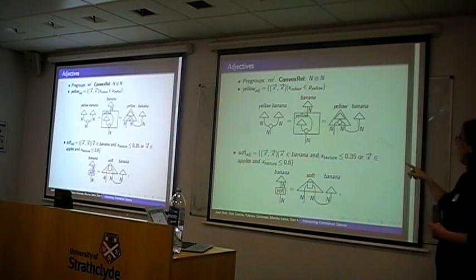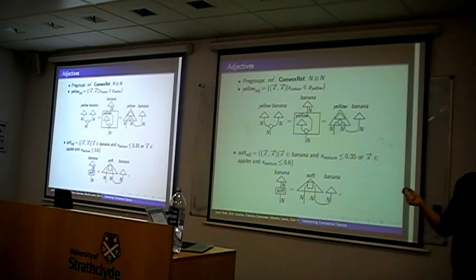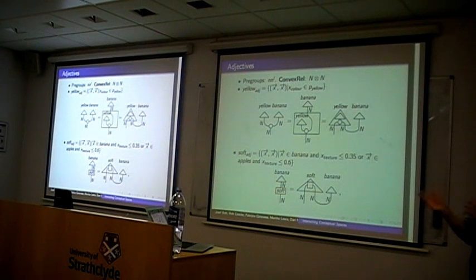In the case of soft, the elements that belong to the adjective soft depend on whether you're talking about bananas or apples, for example. So you've got these correlations between the domains, essentially the colour domain and texture domain.